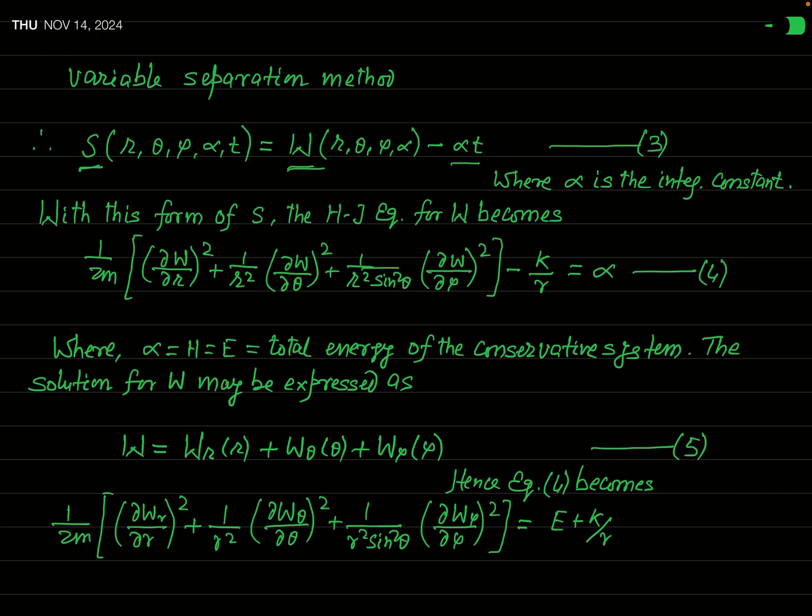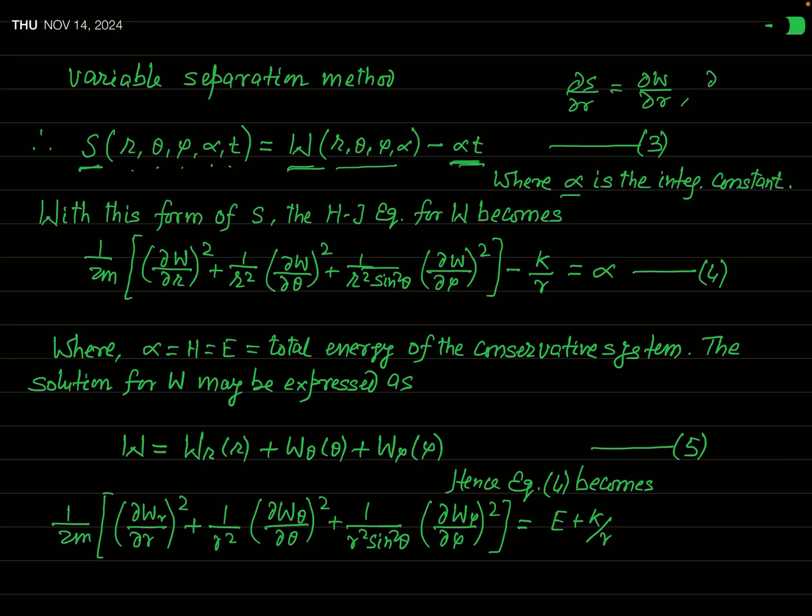Here S, you can see, is a function of r, theta, phi, alpha and t, while W is not a function of t. In fact, in this equation, this alpha is actually the integration constant. Now if you find del S by del R, this will be equal to del W by del R, because the partial derivative of this last term alpha t with respect to R will be 0.